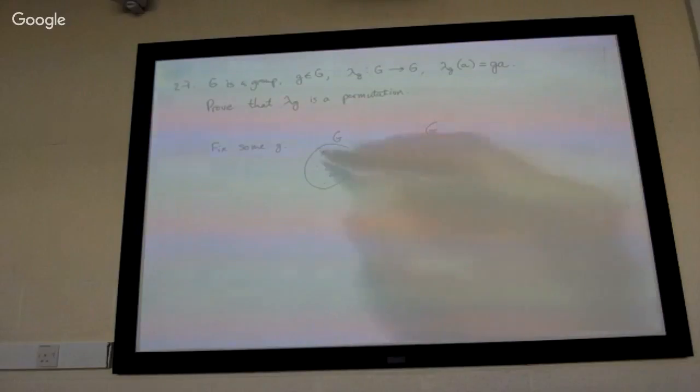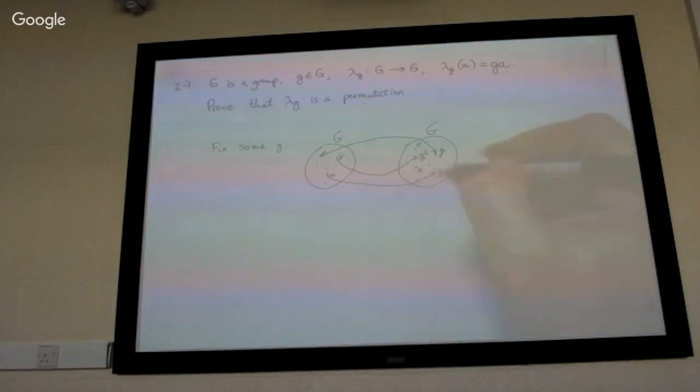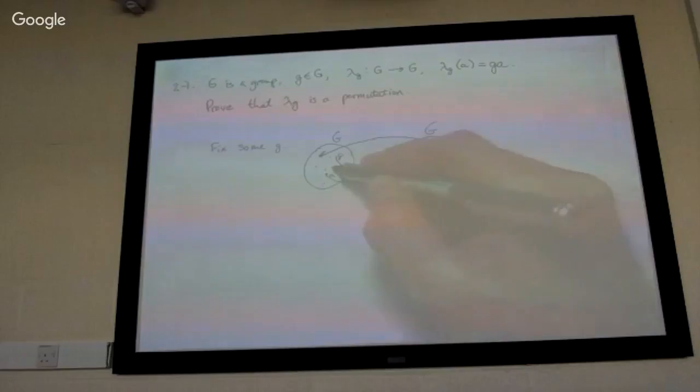Each of them is mapped somewhere. So e necessarily goes to g, because g times e is g. g goes to g squared, whatever g squared is. a goes to ga. Something goes to a. What goes to a?